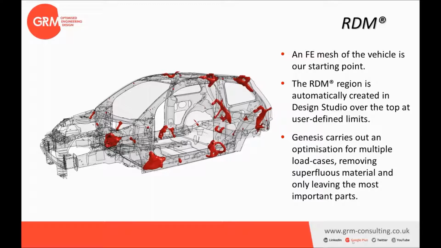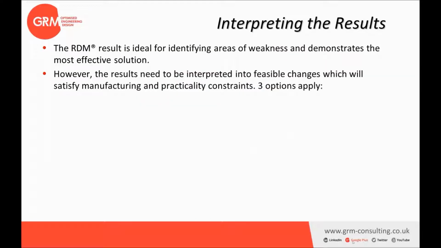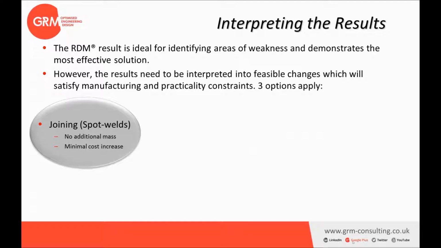But obviously this is not the solution. You need then to interpret these results into something manufacturable. So this is what we did, with mainly three options. The first one, when we have a very small amount of material, can be interpreted as spot-welds, which has the main advantage of not adding any mass to the structure and also is quite low in cost.